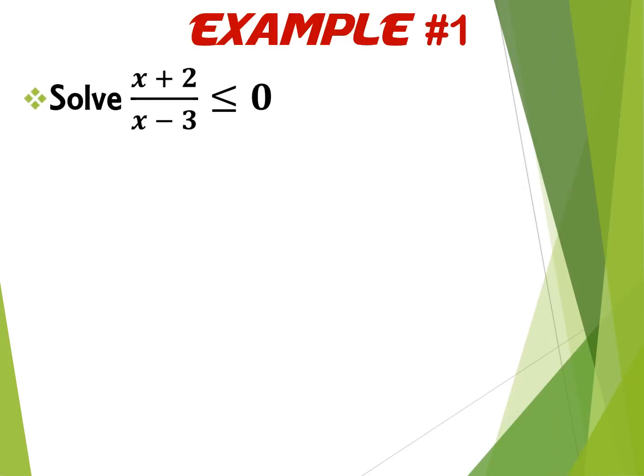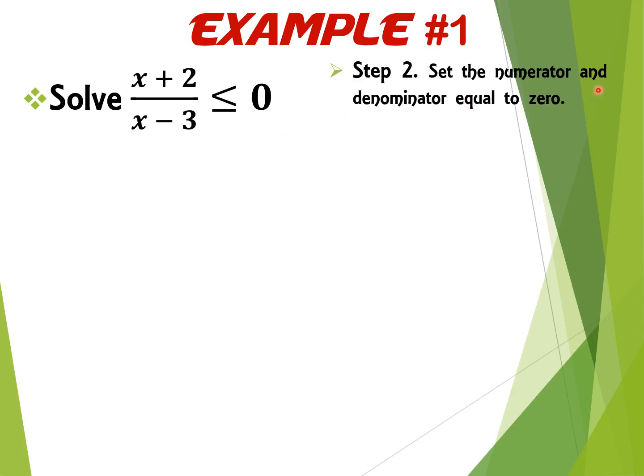Okay, let's have now the example. Solve the rational inequality (x + 2)/(x - 3) ≤ 0. The first step is to write it in standard form, with the inequality on the left side and 0 on the other side. Since this is already in general form, we proceed to step 2: set the numerator and denominator equal to 0, factor if possible.